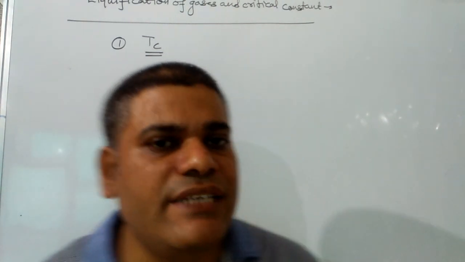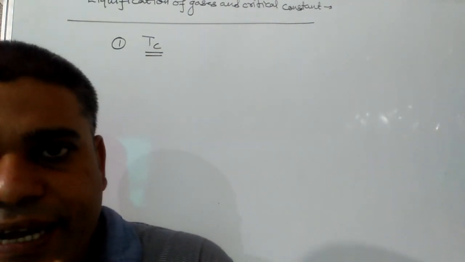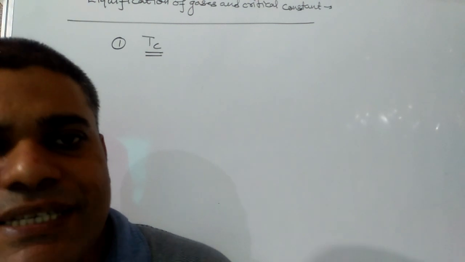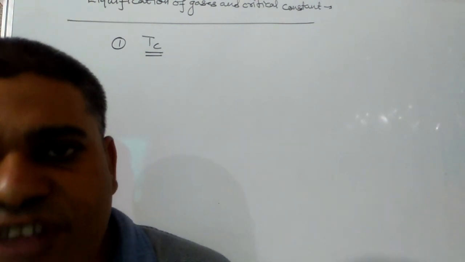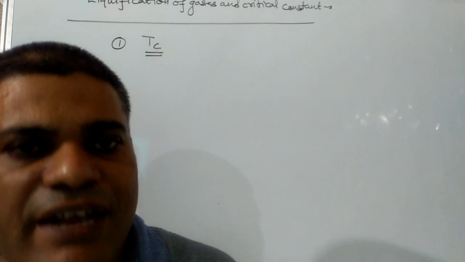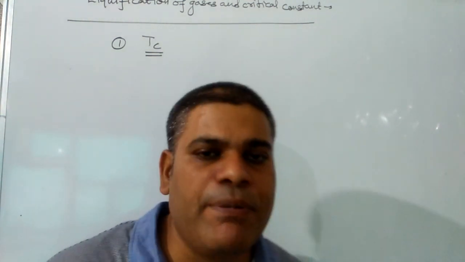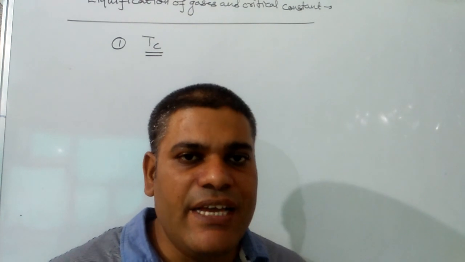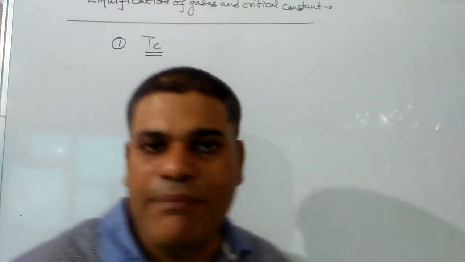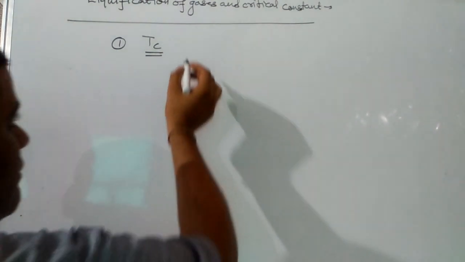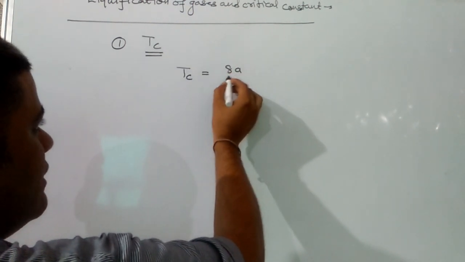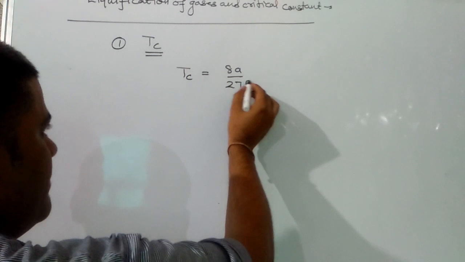The first constant is critical temperature, and critical temperature means the maximum temperature above which a gas can never be liquefied. Mathematically its value should be equal to 8a over 27Rb.